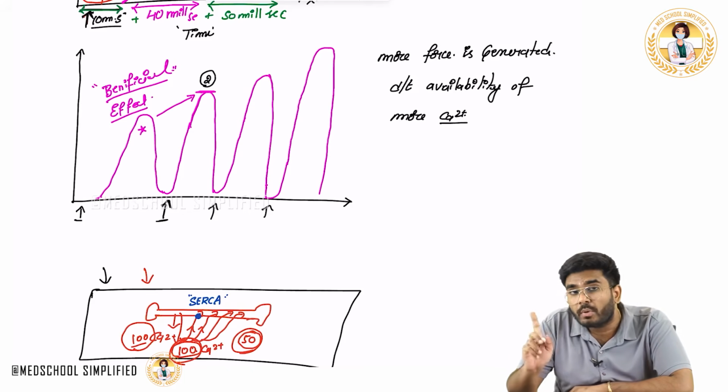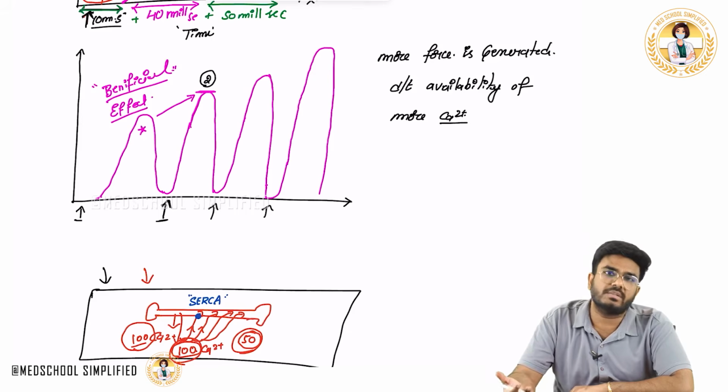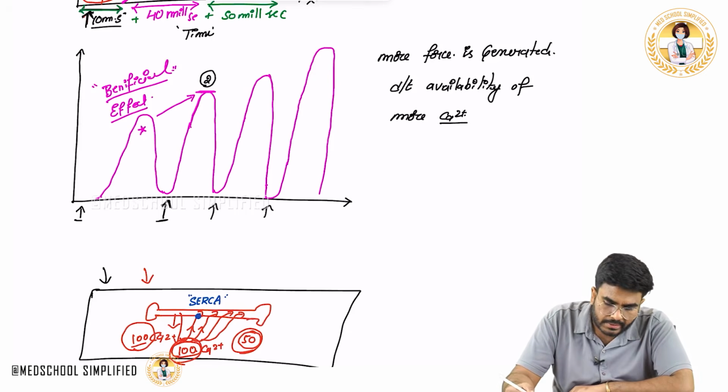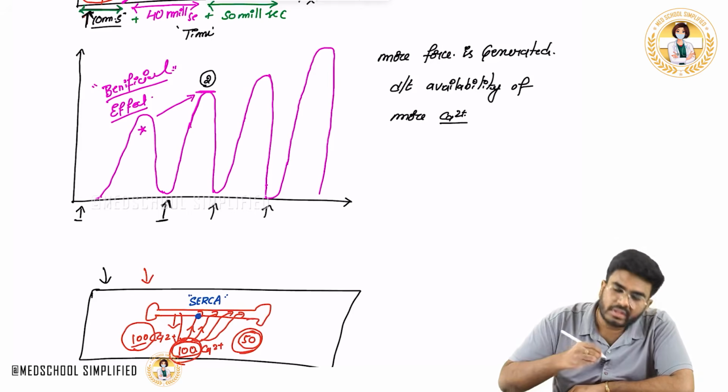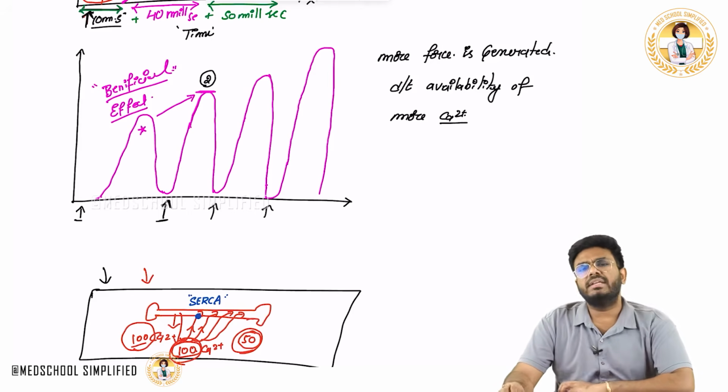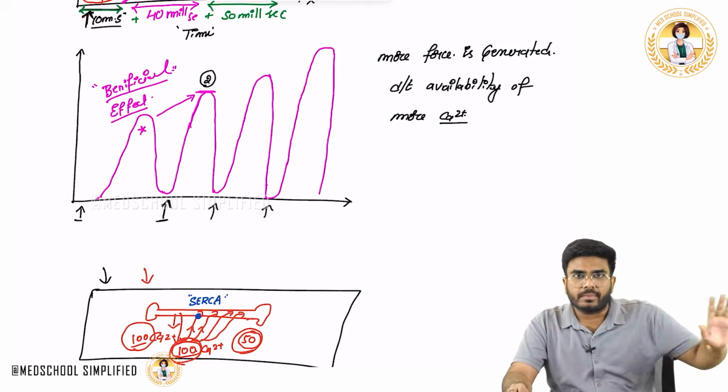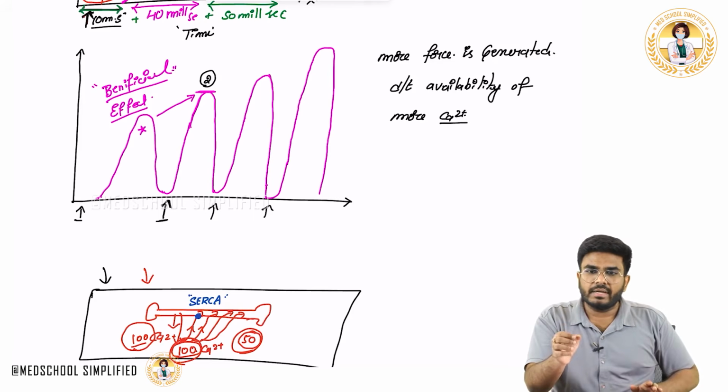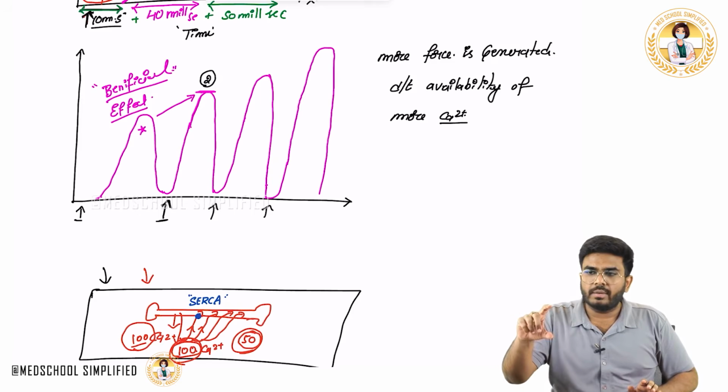Here I am not talking about motor unit recruitment. It's the same motor unit, but more calcium is available, so it will contract more powerfully. If you are giving the stimulations again and again, don't think it's going to be there forever. First time you stimulate, second time more powerful contraction, third time more powerful, fourth time more powerful.